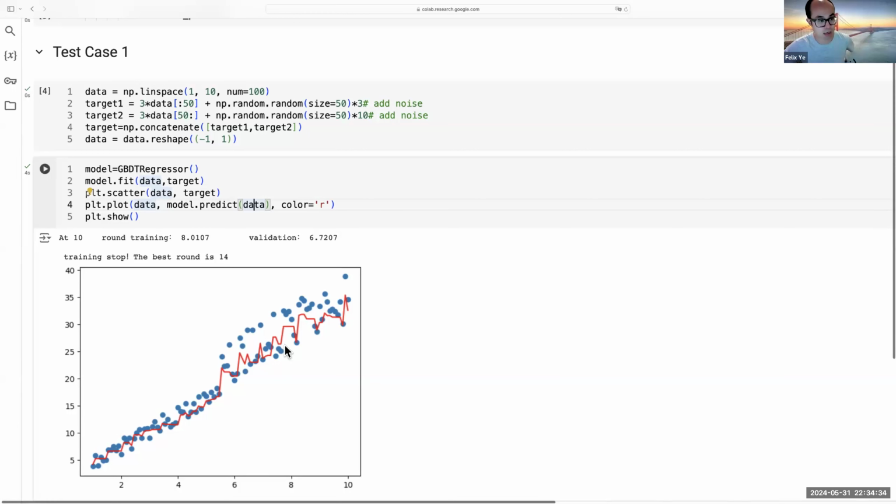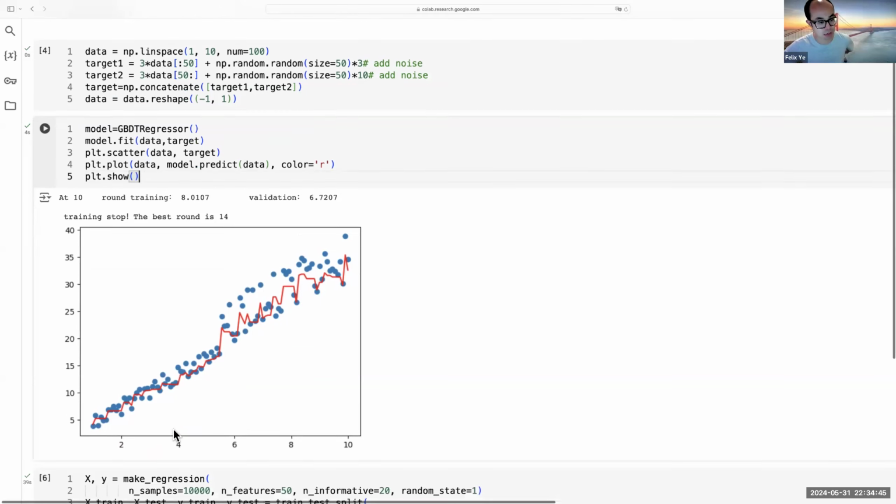So this is very tricky. Through this, we find that after 10 rounds it will stop right here. Once we plot the predicted data versus the true data, you can see a lot of zigzags in the later part, where the noise is bigger. However, in the first part of the data the noise is small, so this is almost a straight line right here.